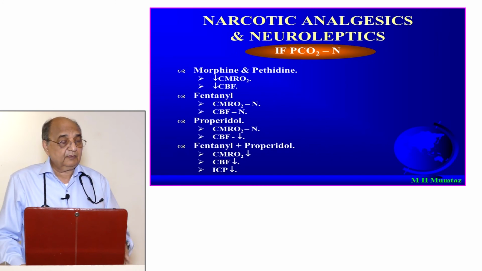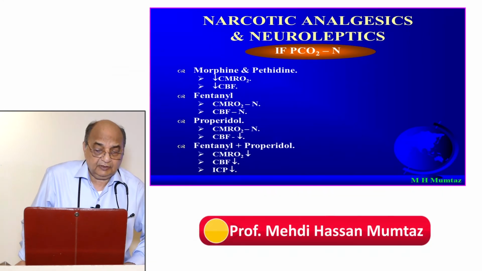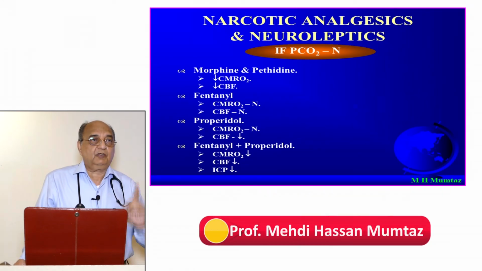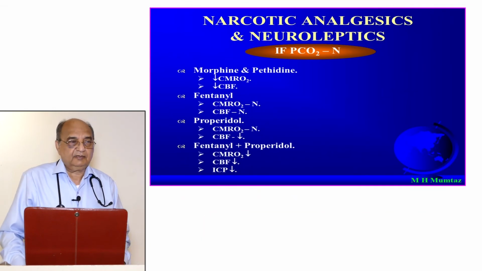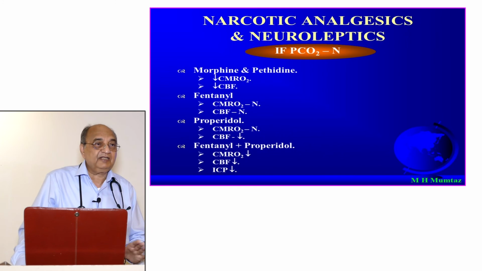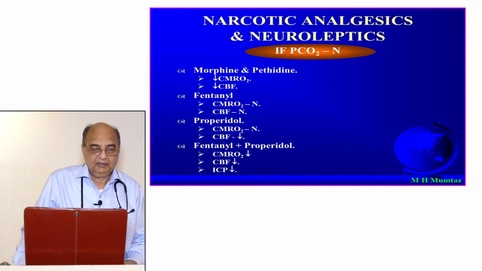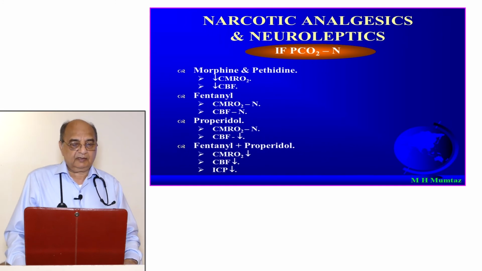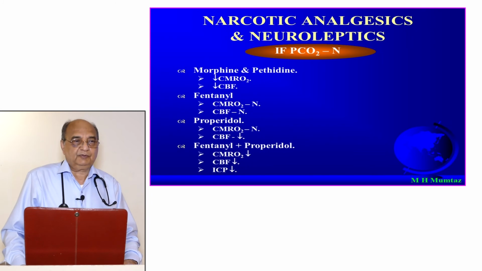One should know what the effect on the brain is. Now, with morphine and pethidine, keep the PCO2 normal; don't let the narcotic agent suppress the respiratory system and increase the PCO2. If you keep the PCO2 normal, morphine and pethidine will lower the CMRO2 and lower the cerebral blood flow. So it will lower the ICP.